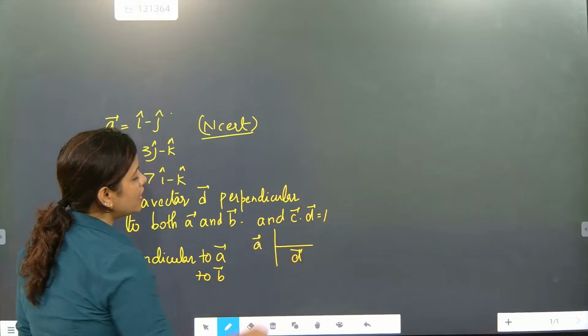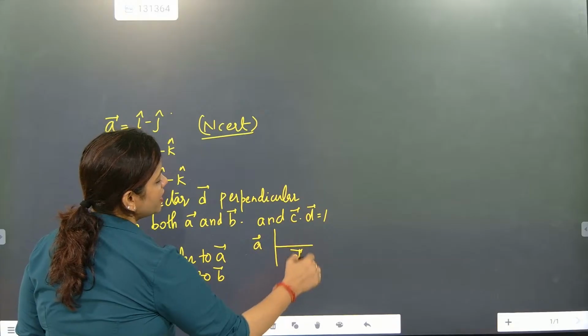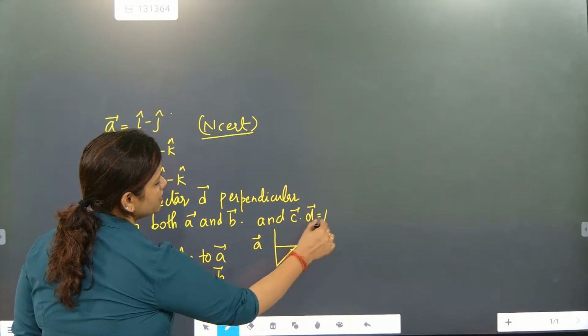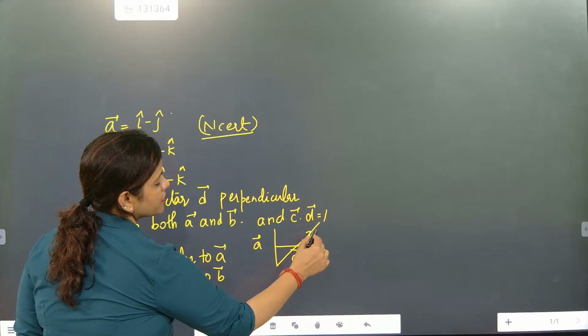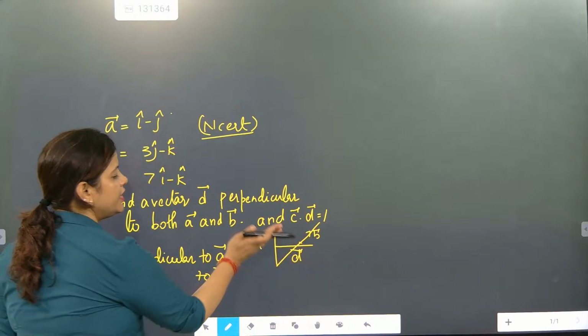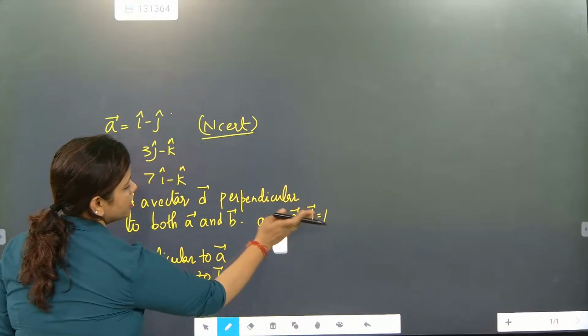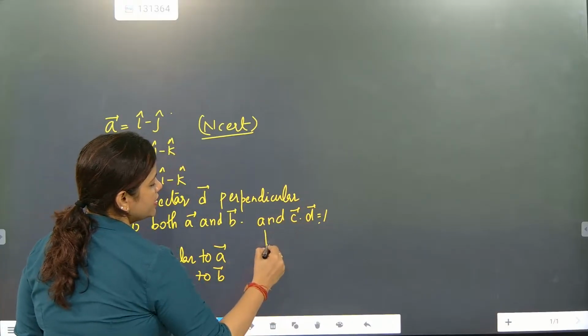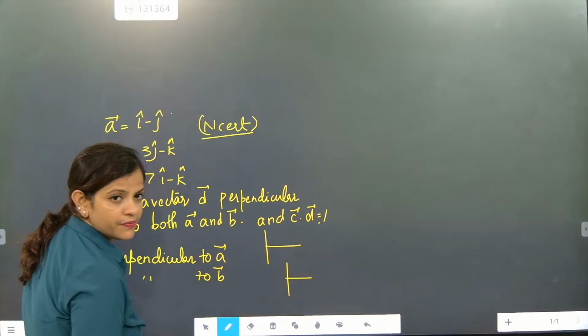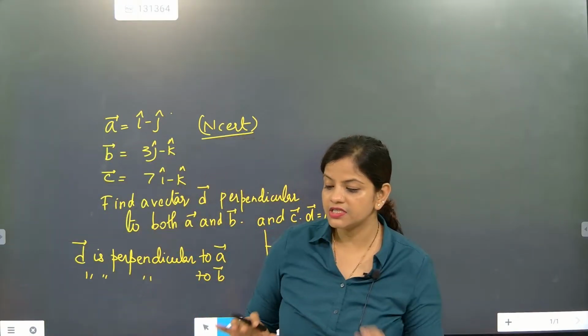Now D vector is also perpendicular to this other vector, B vector. Now D is common perpendicular. Individually D is perpendicular to A, D is perpendicular to B.